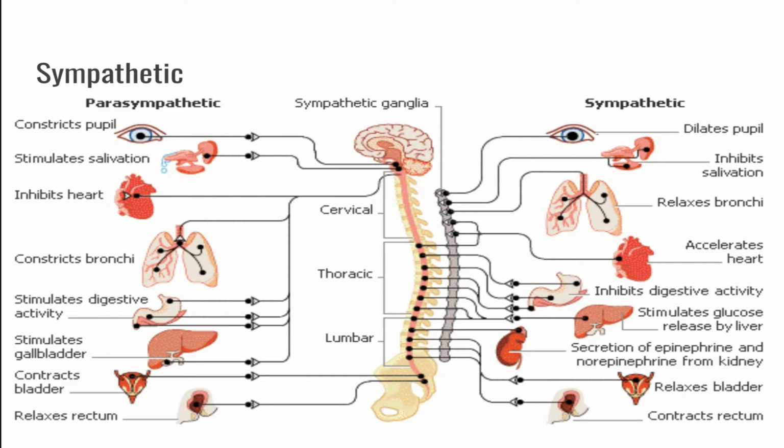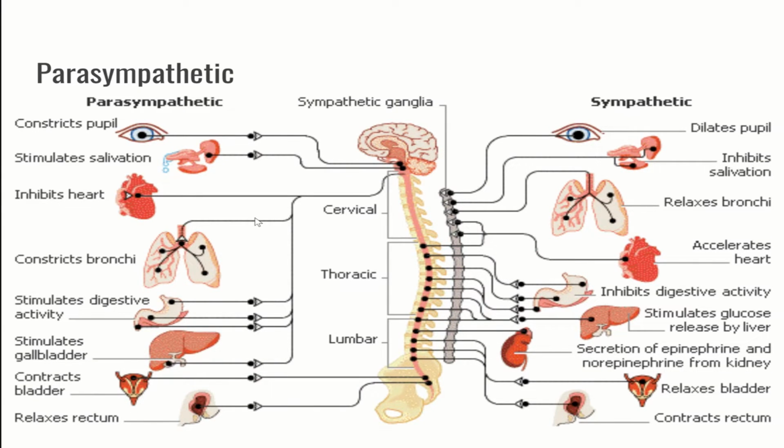It's going to speed up the heartbeat. It's going to prevent digestive activity. All of these are examples of the things that might happen if you needed to run away or fight off a predator or freeze and assess your surroundings because of the fear that you are feeling.